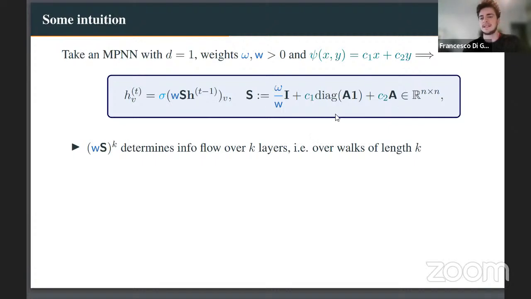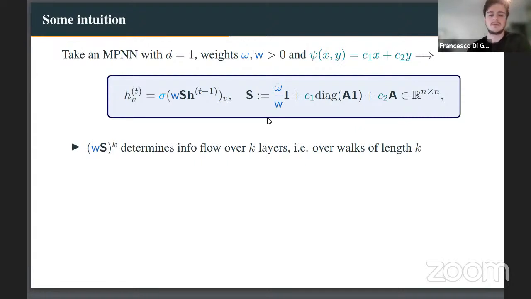So basically, this is just given by terms coming in from the message function, and then you have terms coming from identity because you also have residual terms.